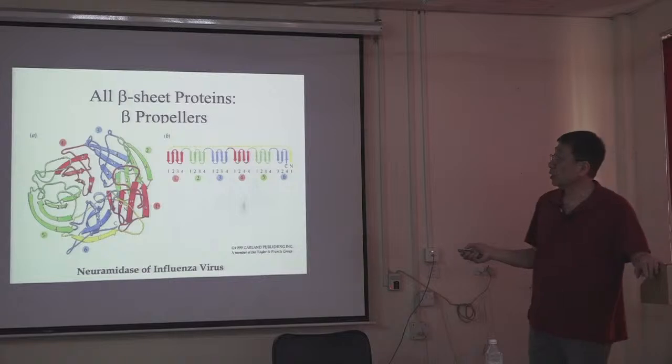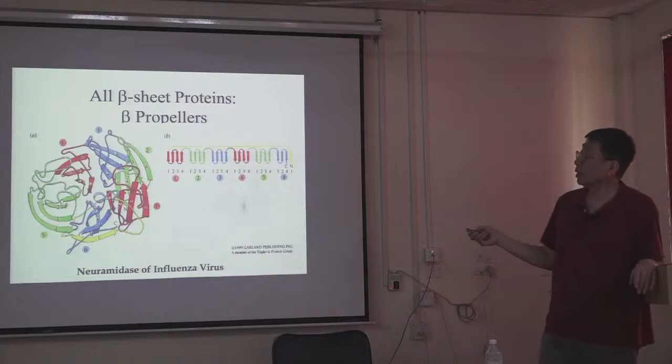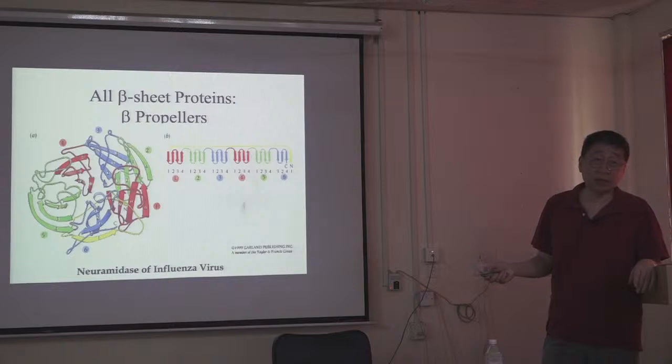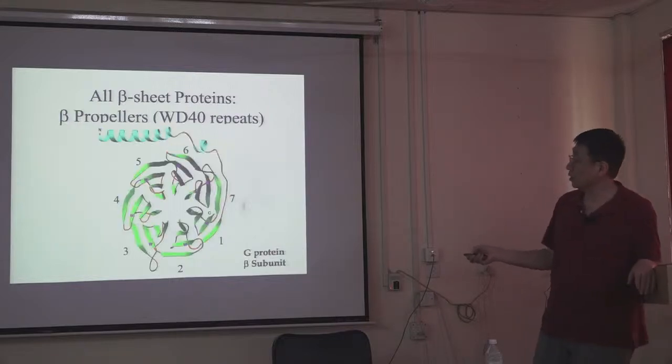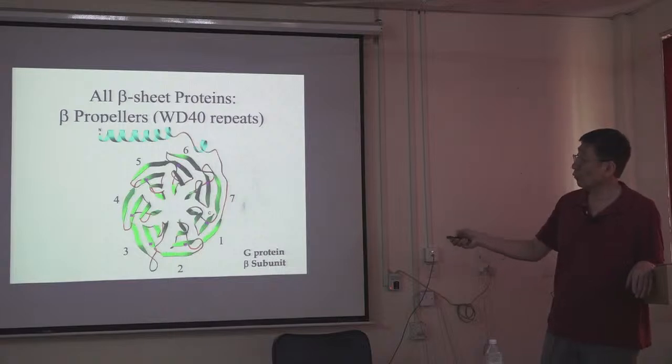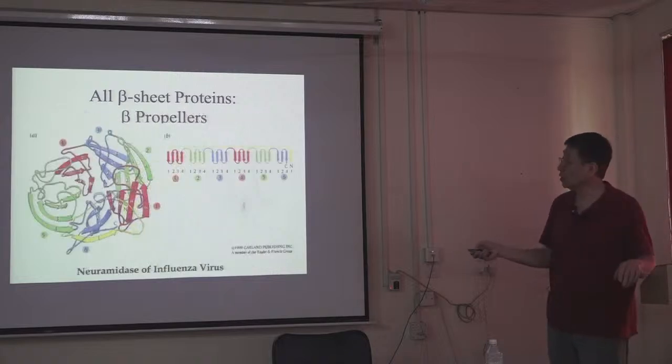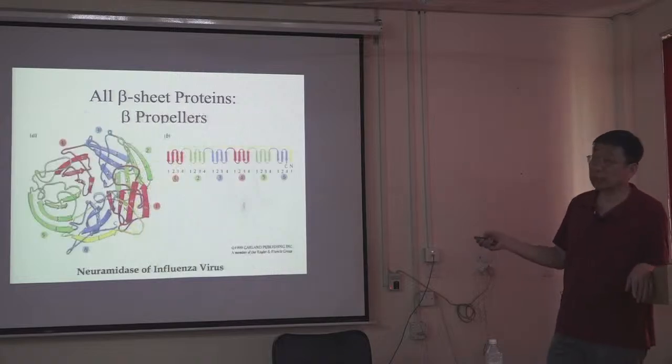And another very important beta propeller is the neuraminidase of influenza virus. Go back here. So G beta has 7 propellers. 1, 2, 3, 4, 5, 6, 7 around the ring. Influenza neuraminidase has 6 propellers.